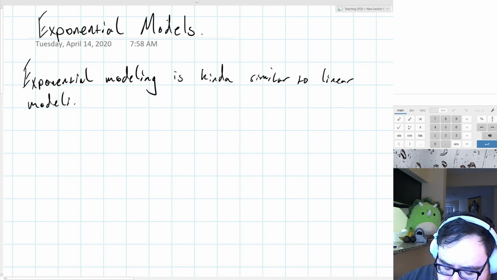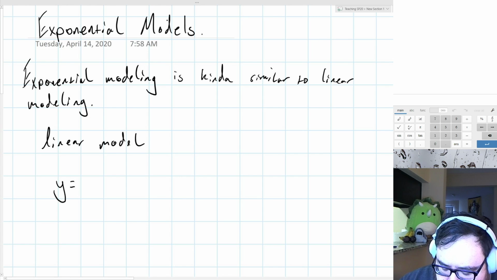So in a linear model, we had y is equal to mx plus b, where m was a slope or some constant related to the rate of change.